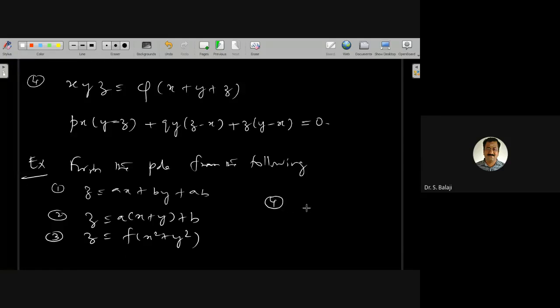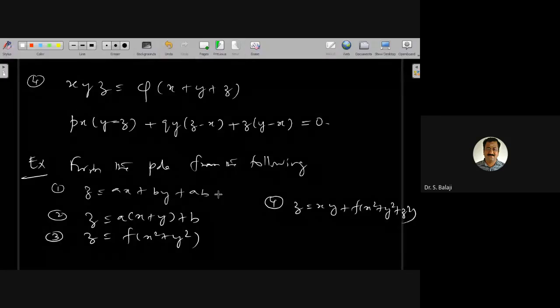And fourth problem, z equal to xy plus f of x square plus y square plus z square.